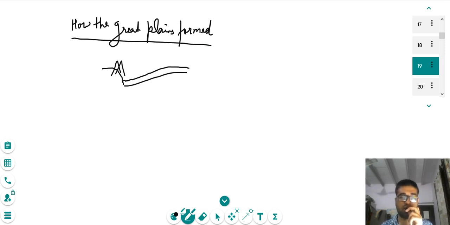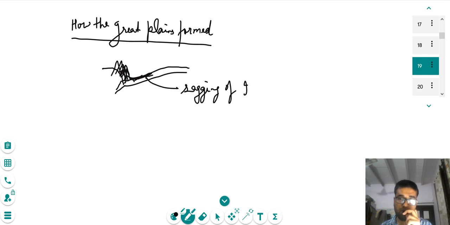But first, just keep this in mind that when the Indian plate was going beneath the Asian plate, there led to the formation of Himalayas here, right? And these Himalayas led to sagging of this plate. The Asian plate got sagged. Okay, this is called the sagging, right? Sagging of Indian plate.